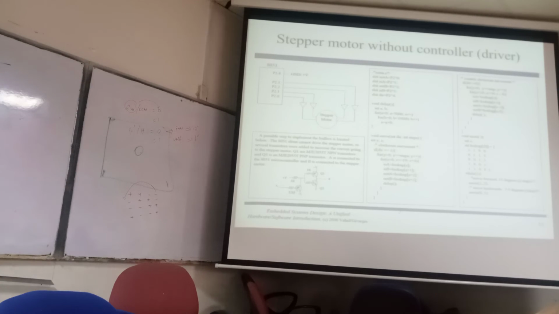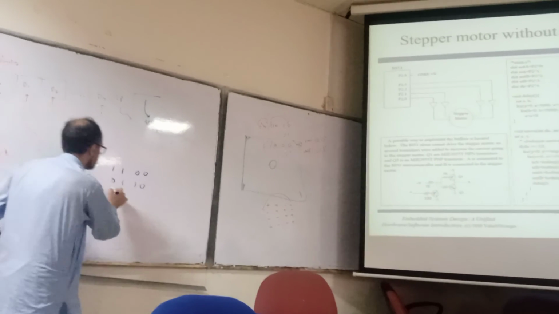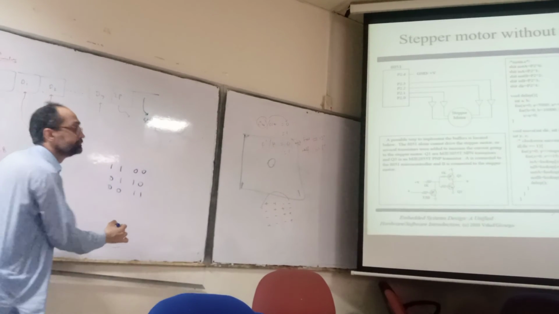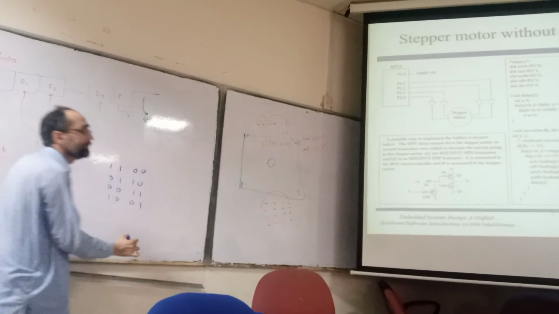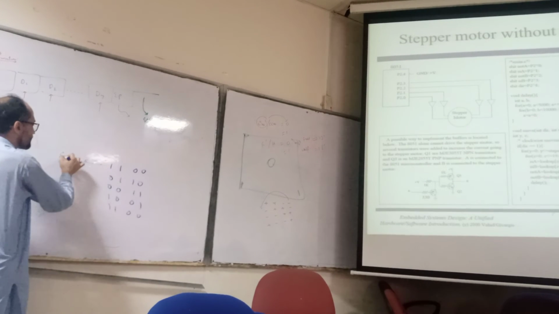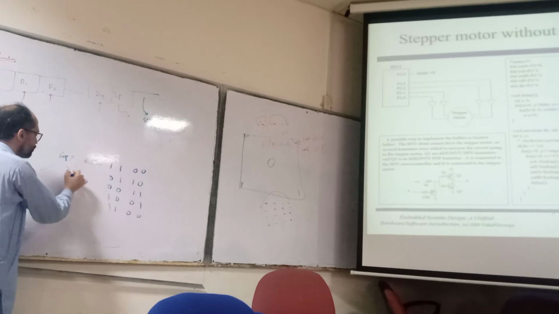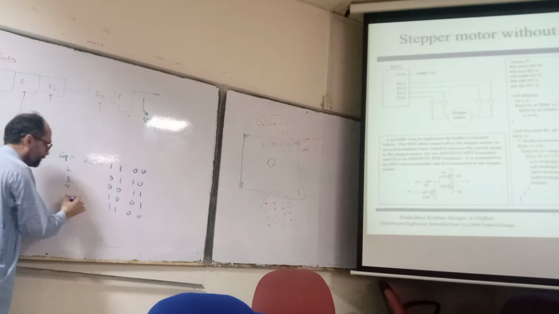Now what's the pattern? 1, 1, 0, 0, then 0, 1, 1, 0, then 0, 0, 1, 1, then 1, 0, 0, 1, and then 1, 1, 0, 0 again. If you remember, this is sequence number 0, then sequence 1, 2, 3, 4 or 5.